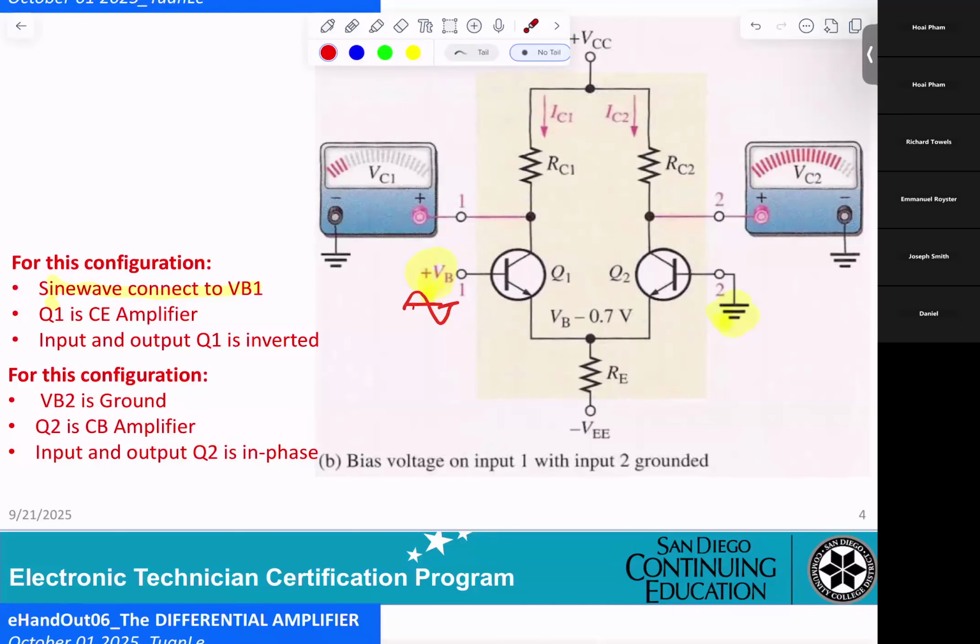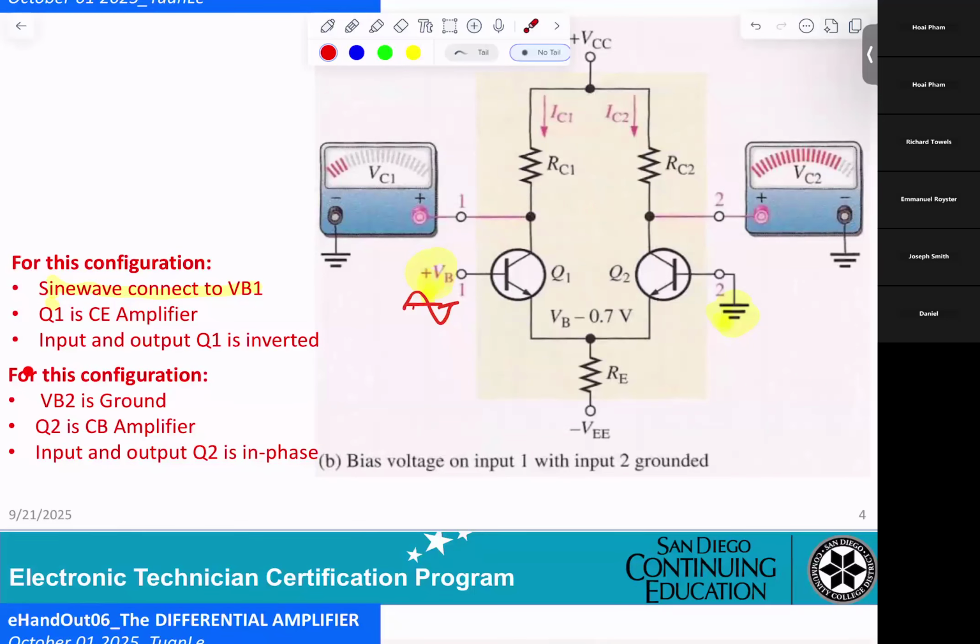Input and output of Q1 are inverted. If you get a signal here and a signal here, they will be 180 degrees out of phase.